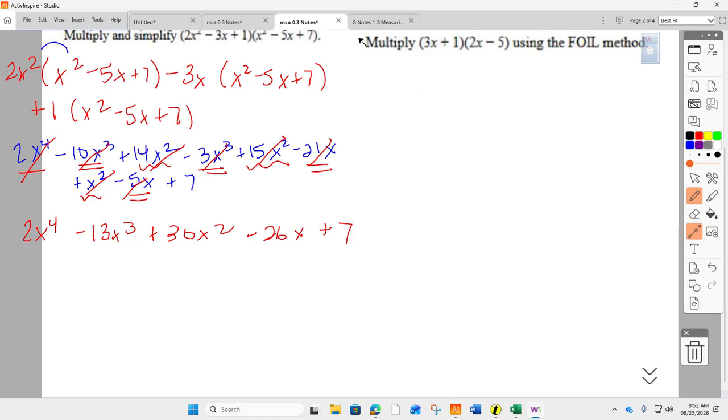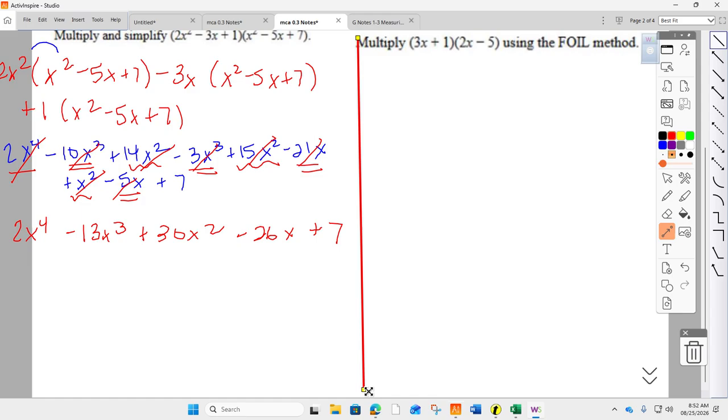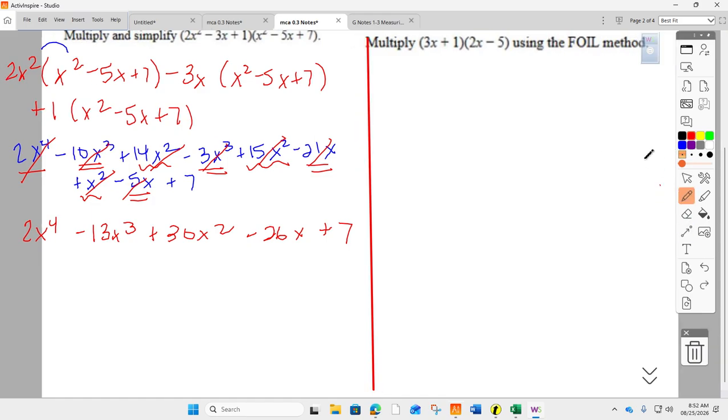All right. FOIL only works for binomial times a binomial, but it is a quick, easy check. You don't have to rewrite it like we rewrote this one. Remember, FOIL is first, outside, inside, last. The first, outside, inside, and last.